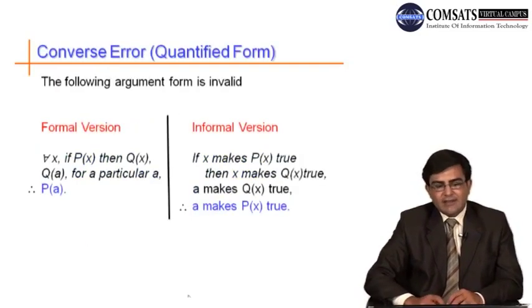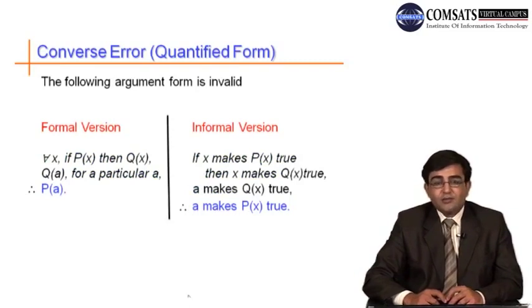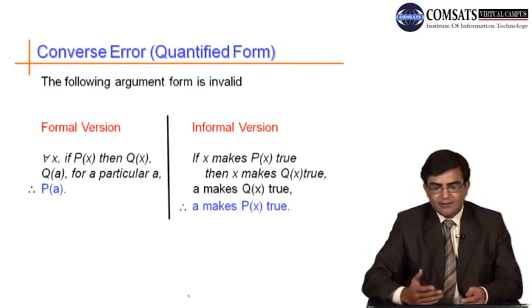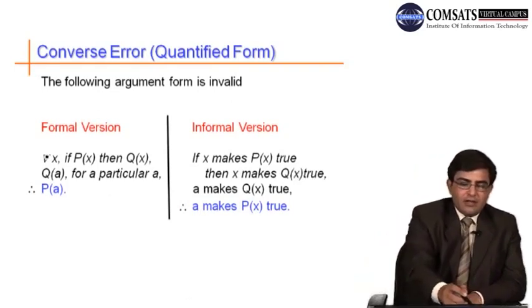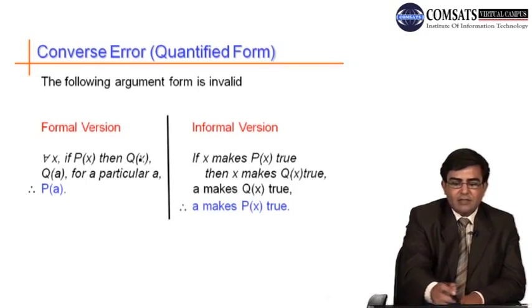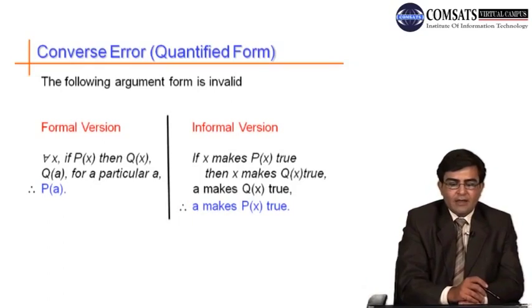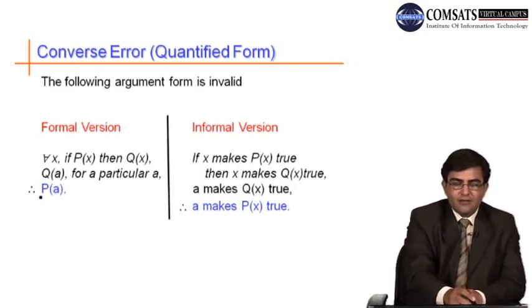Next, what is the converse error in the universal modus ponens? We have discussed also the converse error in the modus ponens and modus tollens. Here the converse error is basically in the universal modus ponens. If we are given for all x, if p of x then q of x, and q of a for some particular value a, we conclude p of a is true.